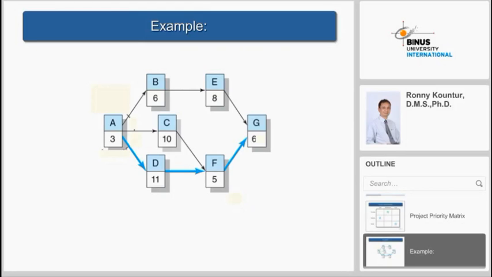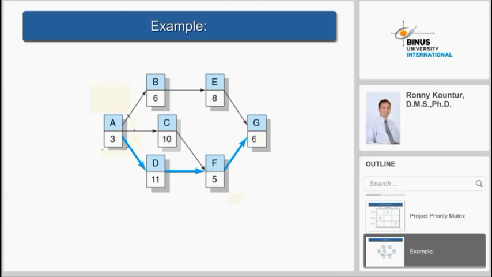Activity B requires 6 days. Activity C, 10 days; D, 11 days; E, 8 days; F, 5 days; and G, 6 days. It requires a total of 25 days to complete.